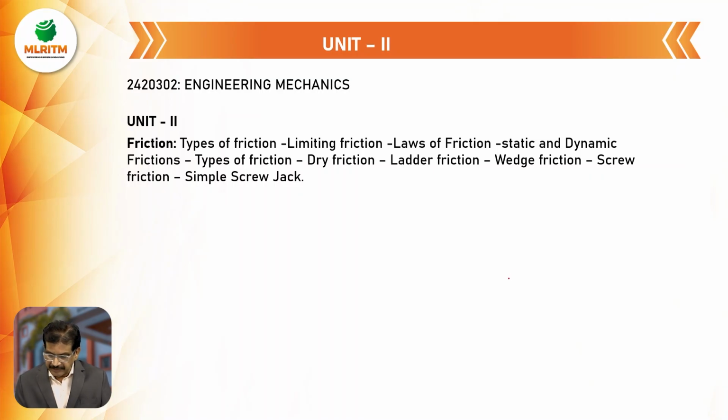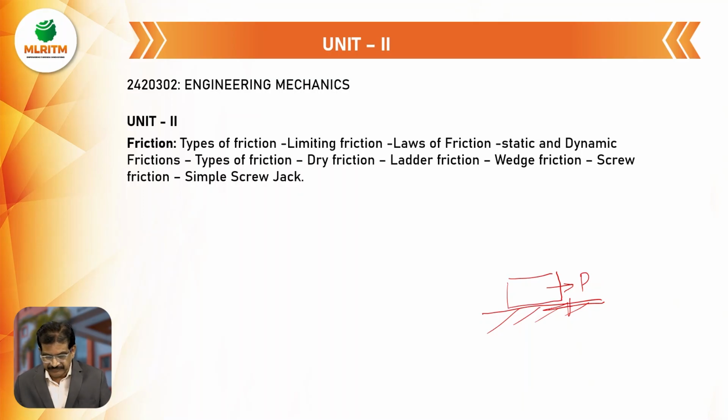Now one body is on another body. What will happen when you apply some force? The frictional force will develop between the bodies. How is it? Opposite to the motion. The frictional force is always opposite to the motion.